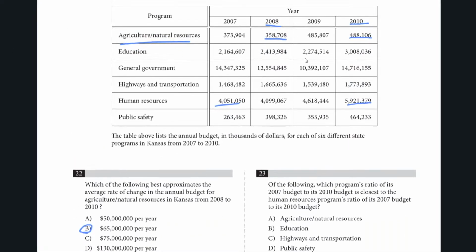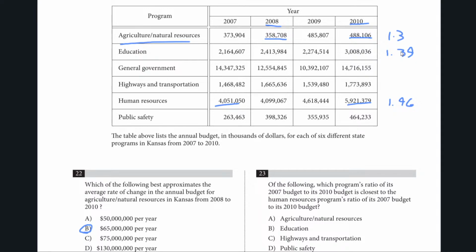Let's look at agricultural natural resources. We're looking for 1.46. 488,106 divided by 373,904 is 1.3. Our next one to check is education. 3,008,036 divided by 2,164,607 is a 1.38, 1.39 actually.